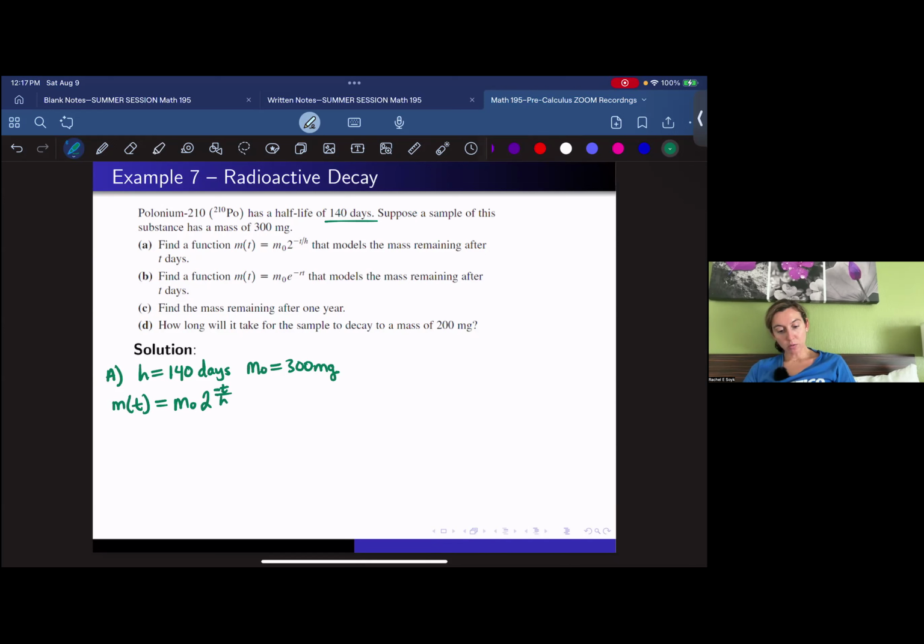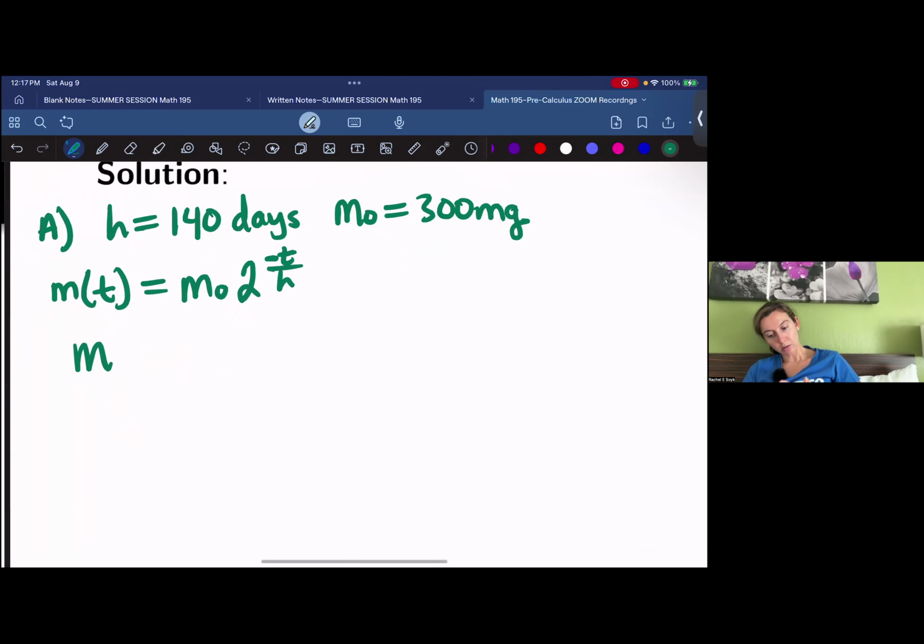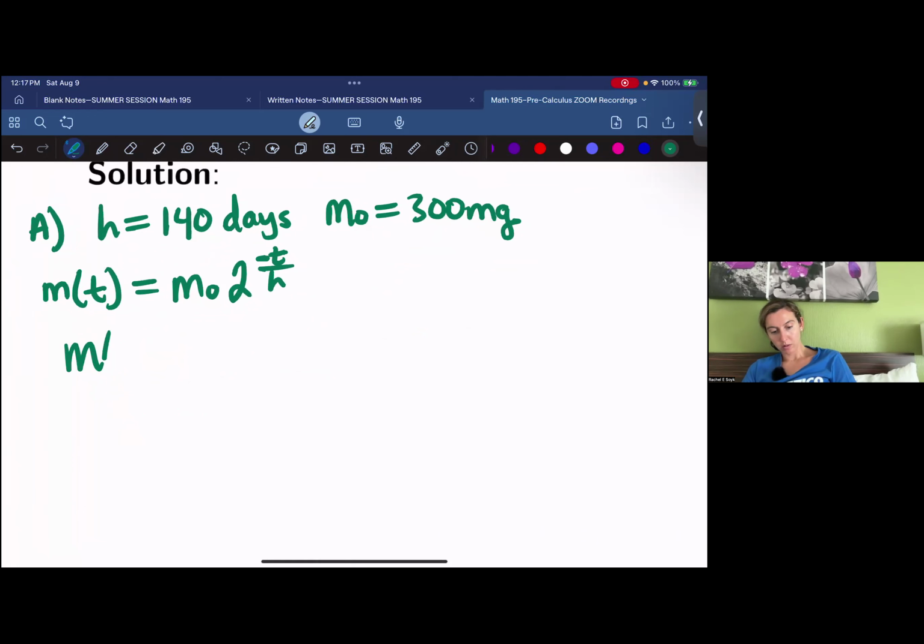That models the mass remaining after t days. So we're just substituting. Our general formula is just simply m of t is equal to 300 times 2 to the negative t over 140.